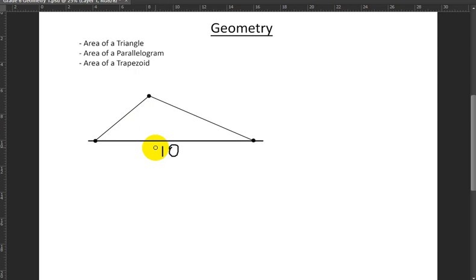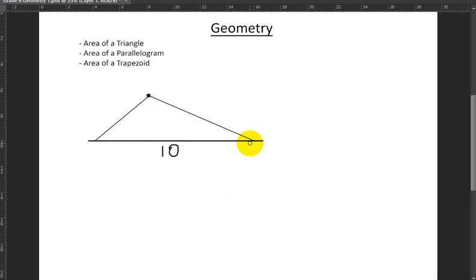You could also think about it as the distance from the line to the point that is not on that line. Okay, so now we know that we're talking about this point, and we want to find the distance from this point to this line. That distance is called the height of the triangle.